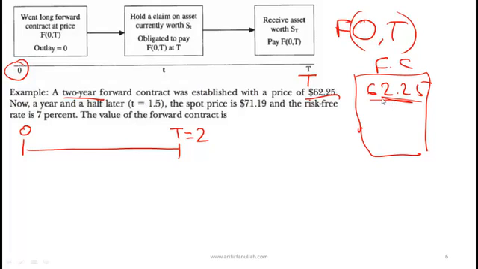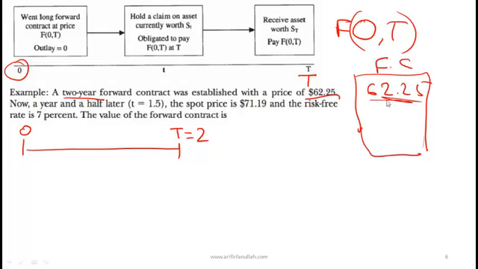Is this the same as the spot price? No. What's the value of the forward contract at time 0? Is this piece of paper worth anything at time 0? The contract itself is worth nothing at time 0 because this price was determined using a no arbitrage concept, based on the risk-free rate in effect at time 0 and the spot price at time 0.